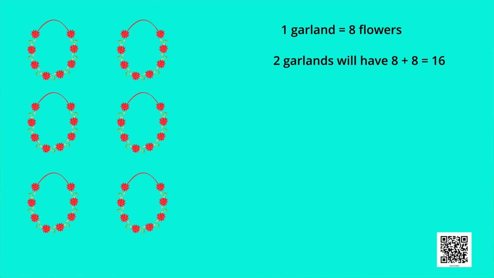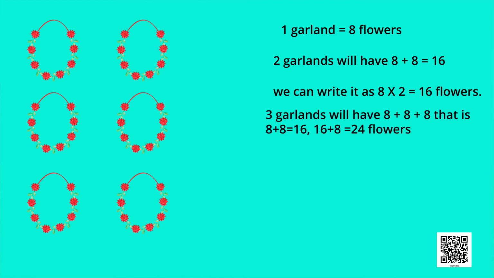But we can write it as 8 multiplied by 2, which is also equal to 16 flowers. Similarly, 3 garlands will have 8 plus 8 plus 8, that is 8 plus 8 is equal to 16. 16 plus 8 is equal to 24 flowers, or we can write it as 8 multiplied by 3 is equal to 24 flowers.